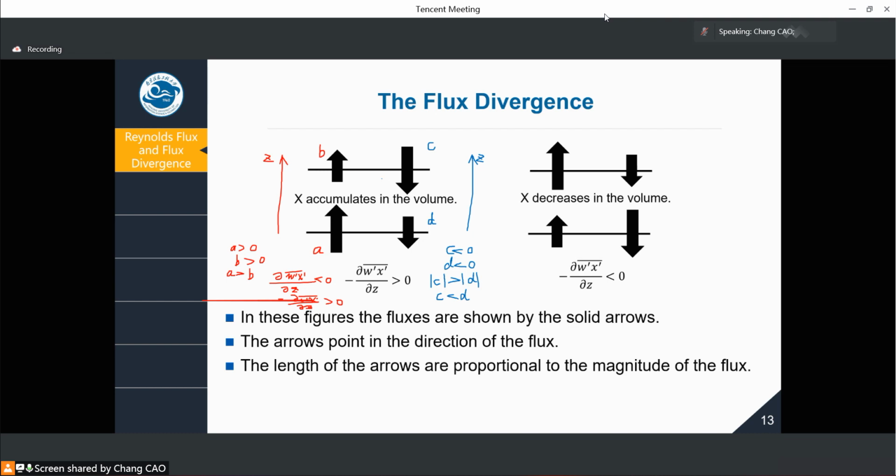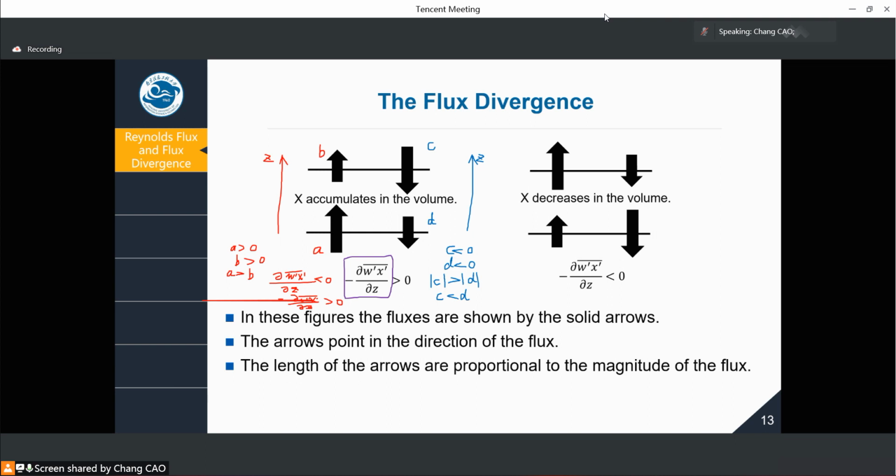This whole part is called convergency. Under this picture, we find that this one is bigger than 0, which means that this is convergency.